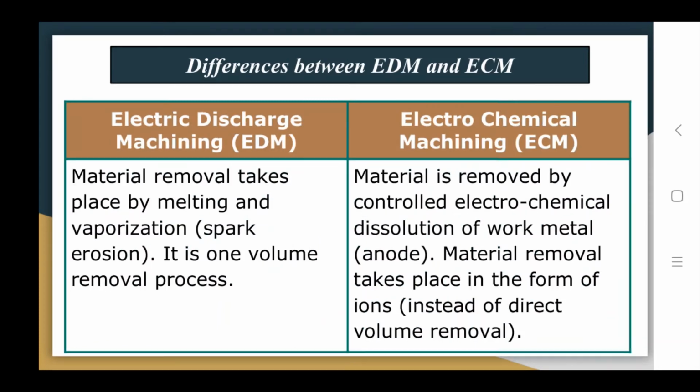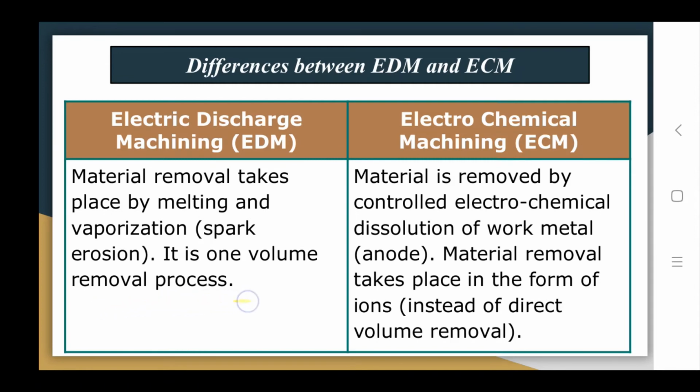Let us discuss the important point, that is the differences between EDM and ECM. The first point is that in EDM, material removal takes place by melting and evaporation, that is spark erosion, and it is a volume removal process.